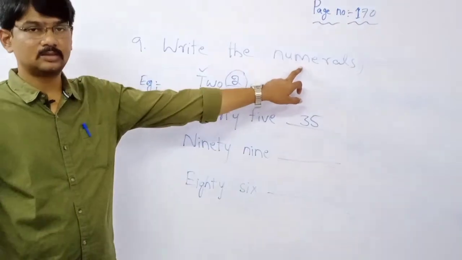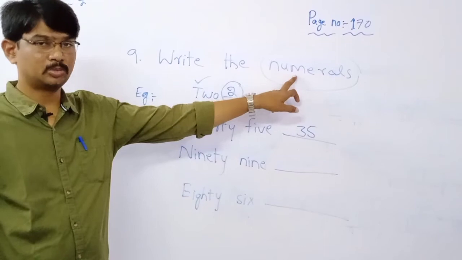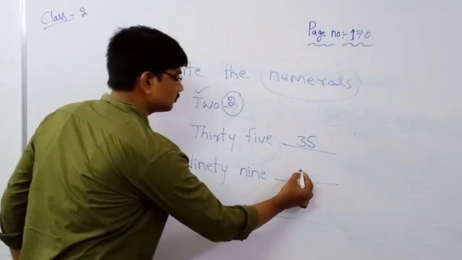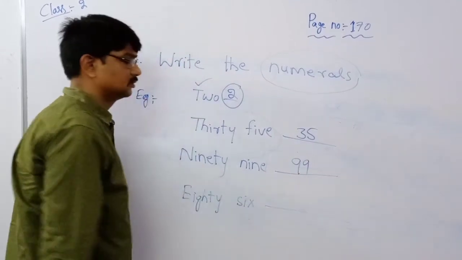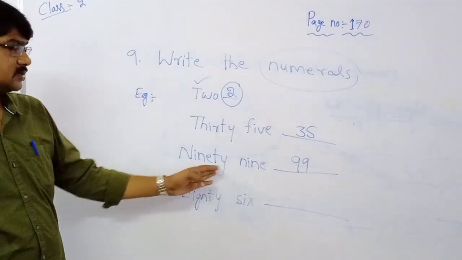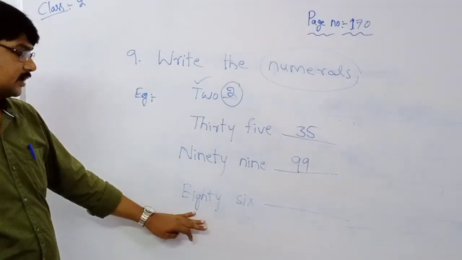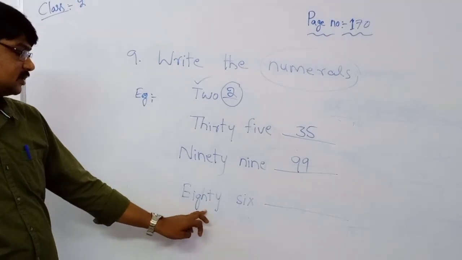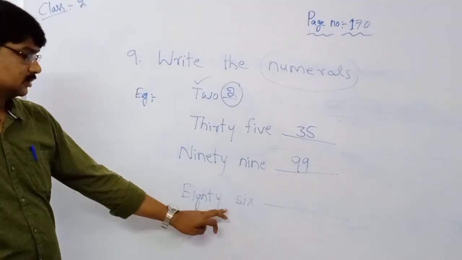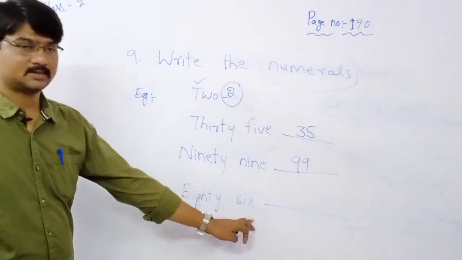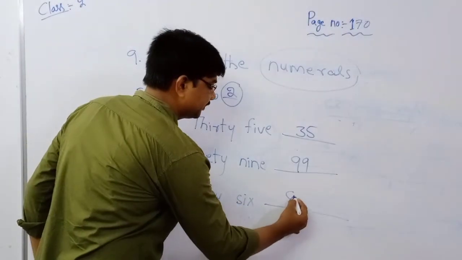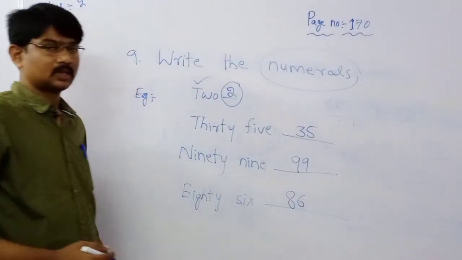What is the question? Write numerals. So 99. Yes, just finished. Next, 86. EIGHTY, 80. SIX, 6. 86.